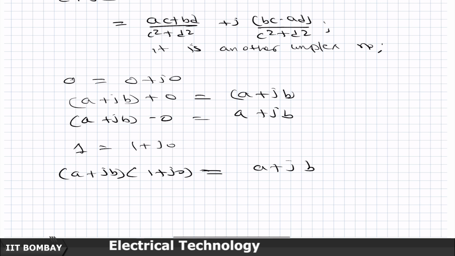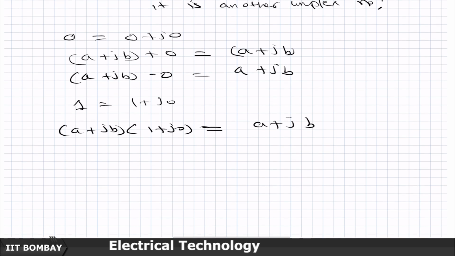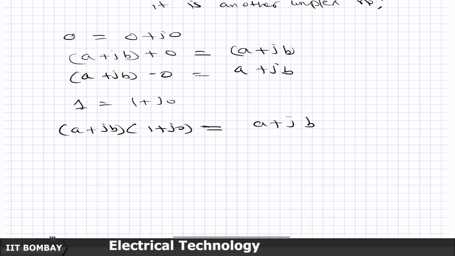I leave it to you to simply verify. And so therefore, the 0 element and the identity element from the real numbers carry forward to the complex numbers.